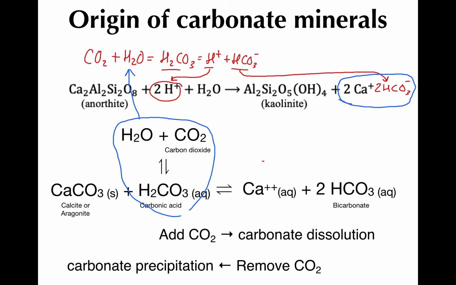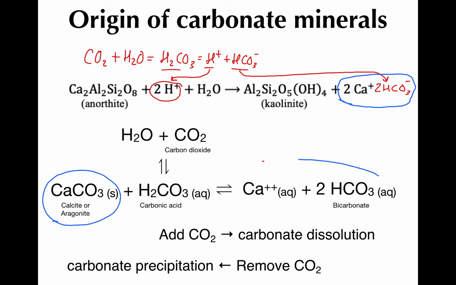So if we look at the equilibrium between calcite, carbonic acid, and calcium and bicarbonate in seawater, we have plenty of this, and we have plenty of this to react with in most of the world's oceans and lakes. The only thing that's highly variable is how much carbon dioxide you're adding to that water.